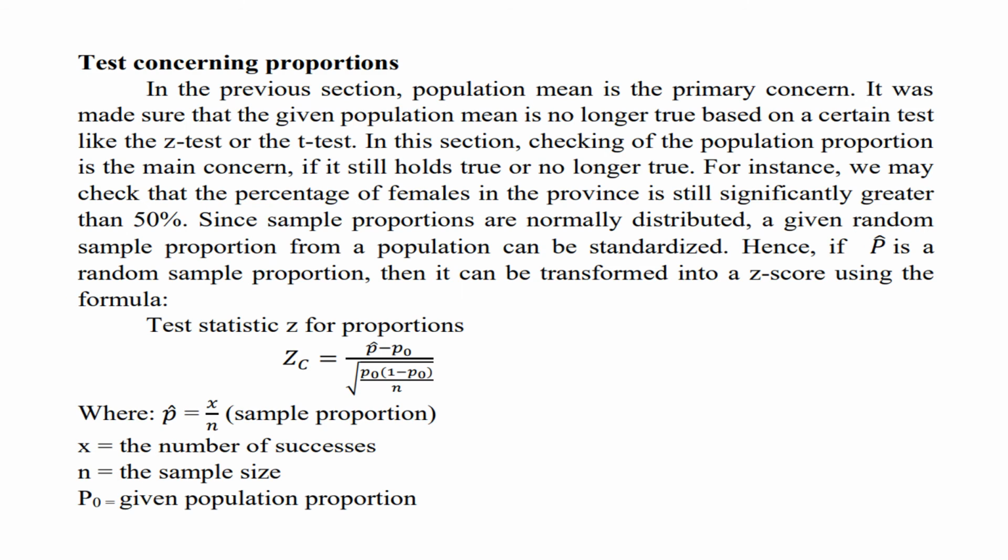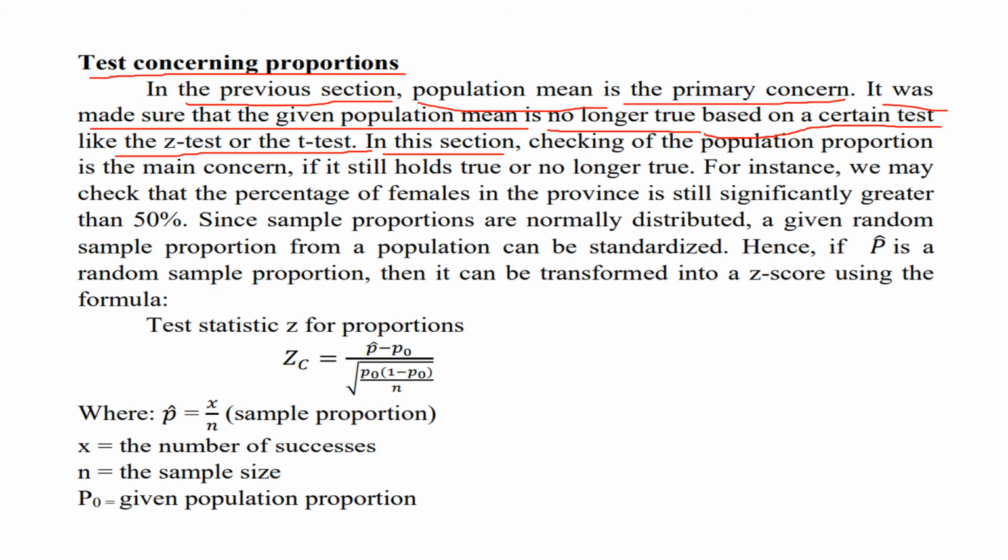So our test concerning proportions. In the previous section, the population mean was the primary concern. We made sure whether the given population mean is still true or no longer true based on a certain test like the Z-test or T-test.